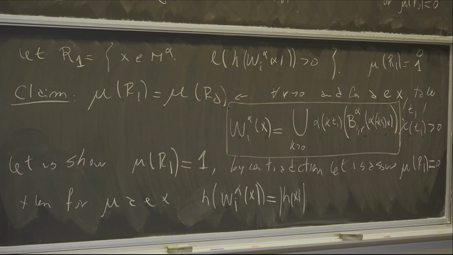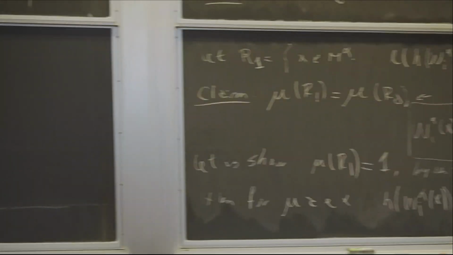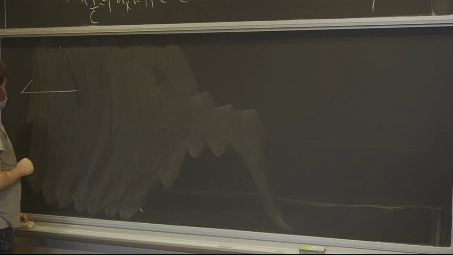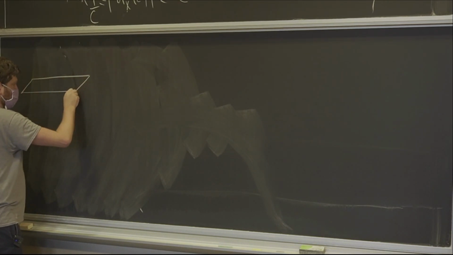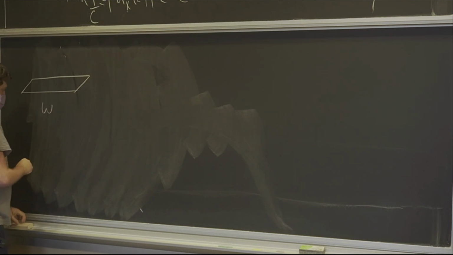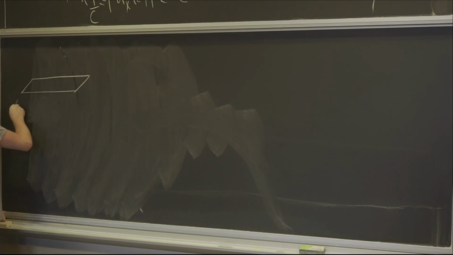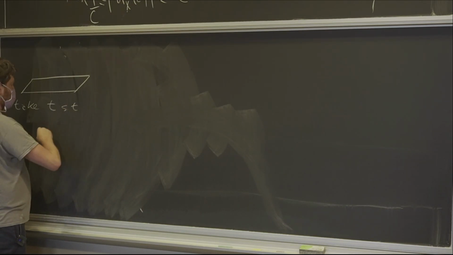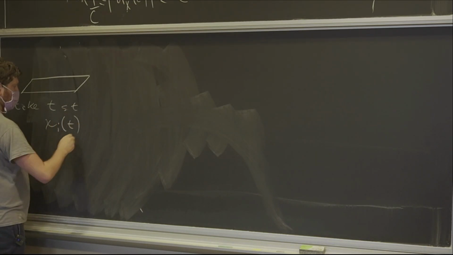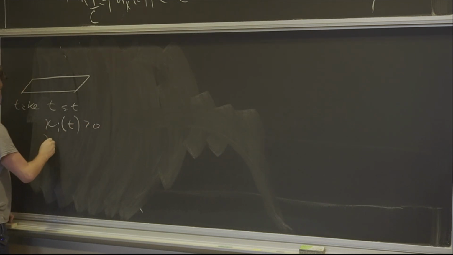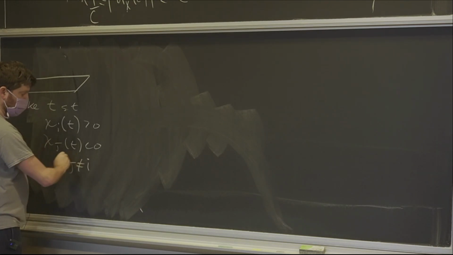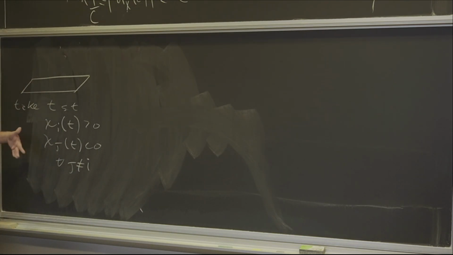So now we do the geometric picture. We have done this at some point. So let me do it easy. So take t such that chi I of t is positive and chi j of t is negative for every j different from I. Okay, and I can do this choice because I know I can make whatever choice I want.